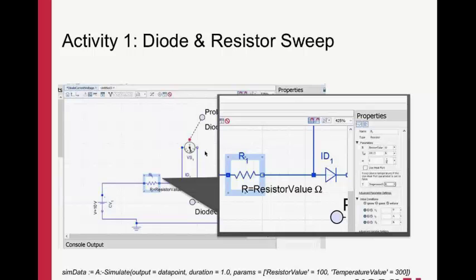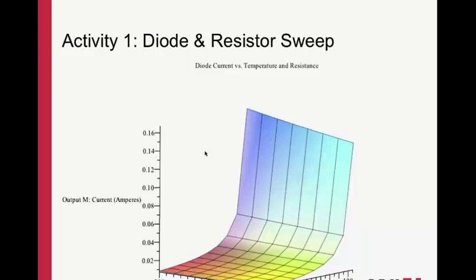And from there, we would call MapleSim from Maple in an iterative fashion and create three-dimensional graphs that show the dependence of the output current of a diode with respect to resistance and temperature. And so this is a good example of how we can use a simulation in parallel to lab activities, looking at how a diode works, to see how it works under different environmental conditions.